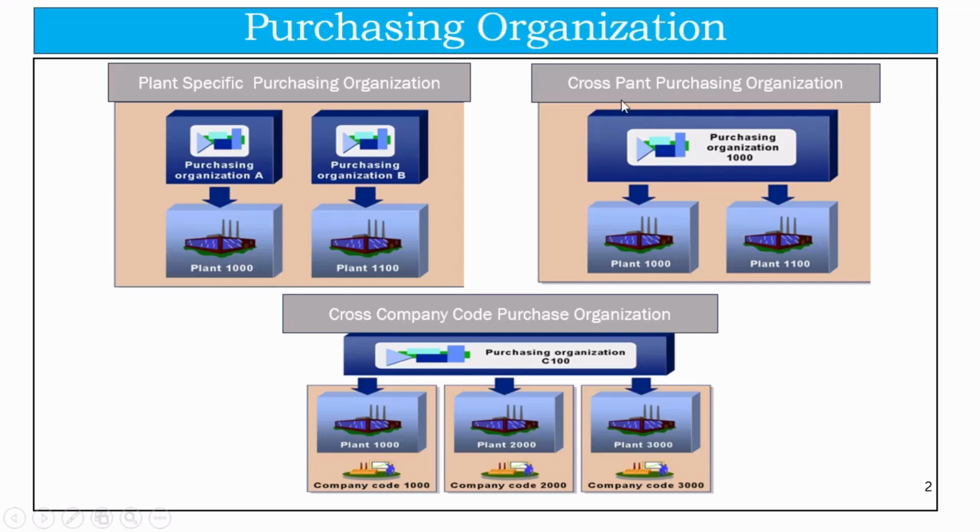The next model can be cross plant purchasing organization. For example, one purchasing organization can be responsible for 2 different plants of the same company.